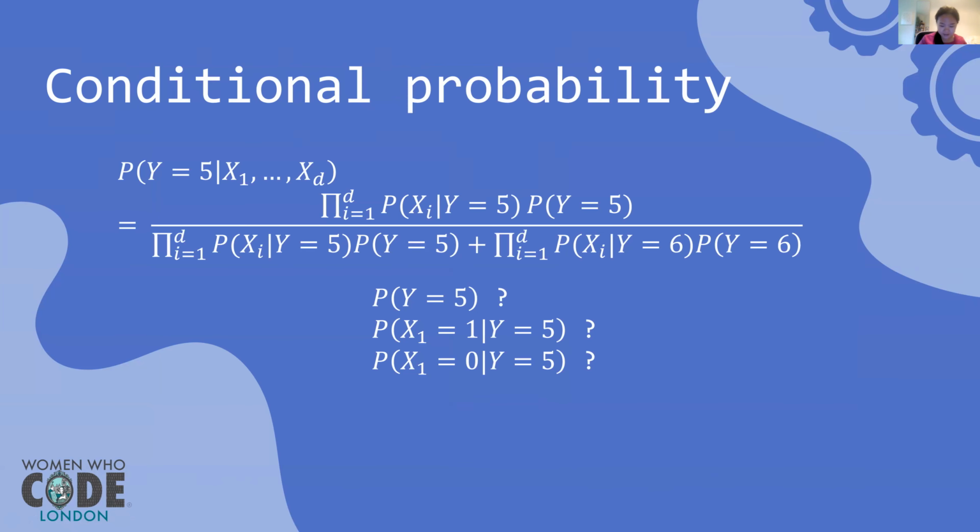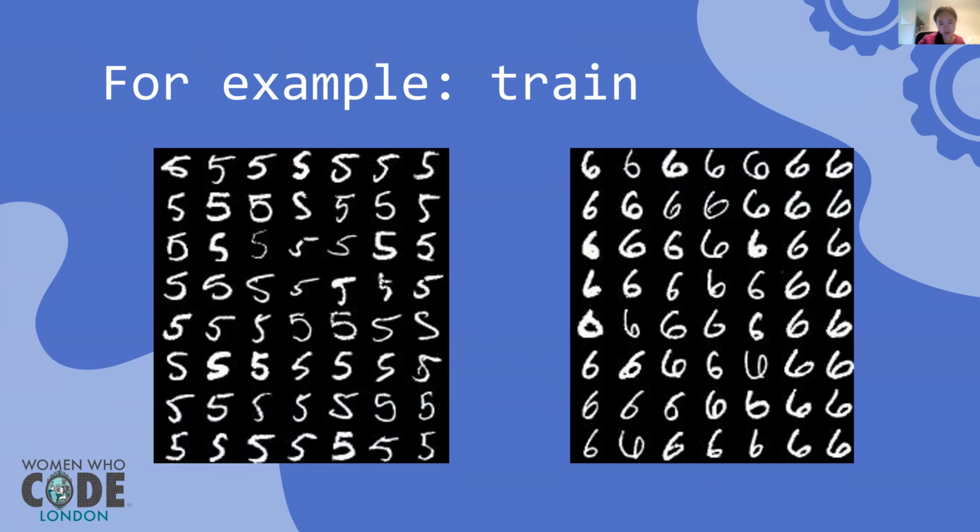Then my next question is, what's the chance of the first pixel being 1? Let's say 1 is white and 0 is black.